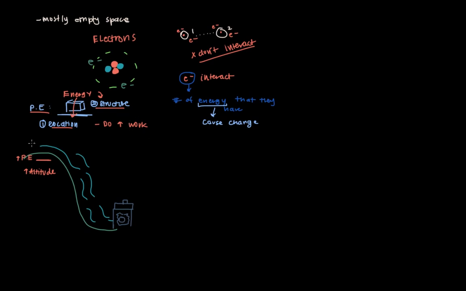And then because it had a lot of potential energy, it had the potential to turn on our generators here. And now when it came down here, downhill, it had less potential energy because it has a lower altitude. So the higher something is, usually the higher the potential energy is.